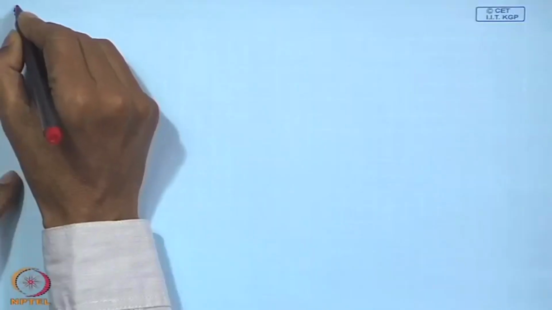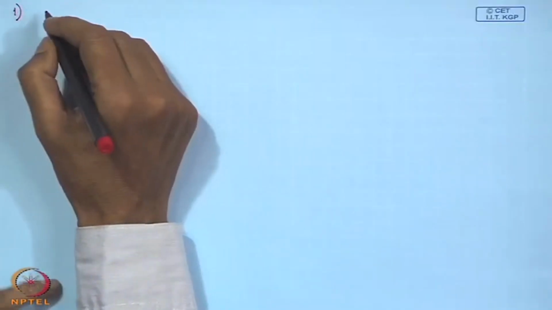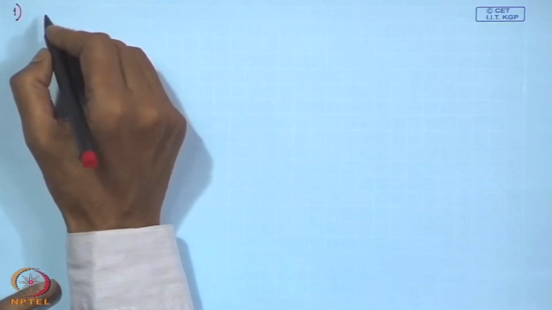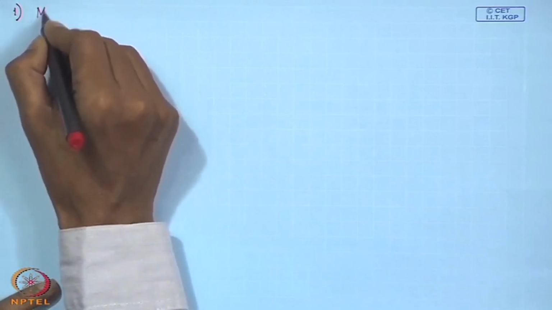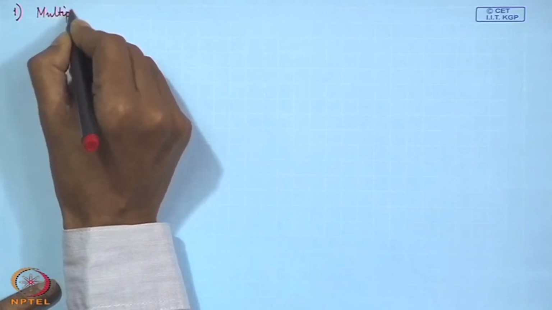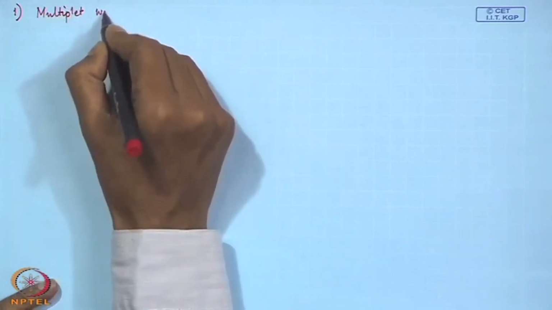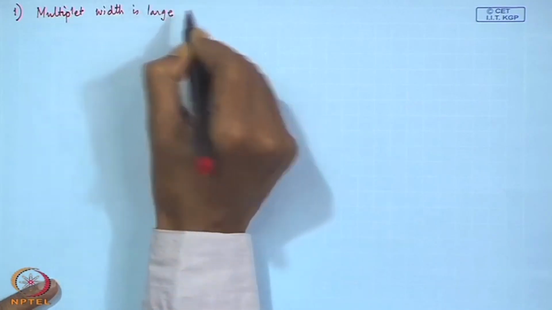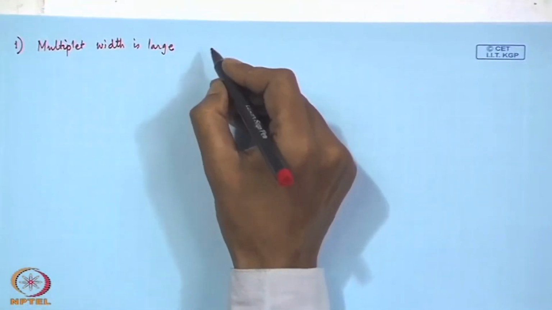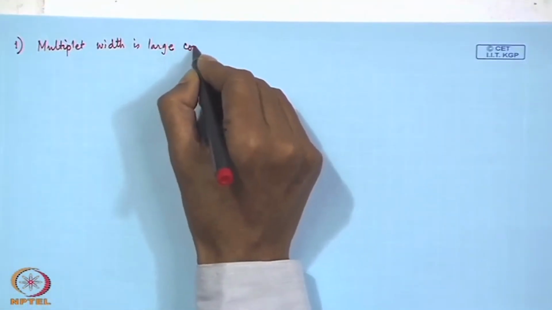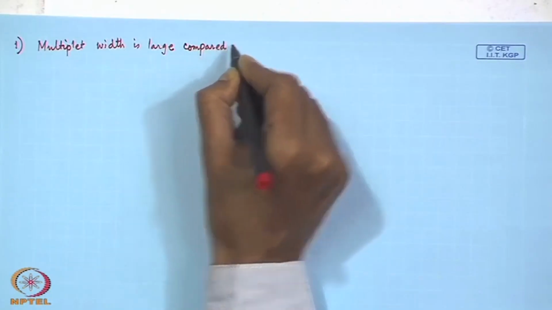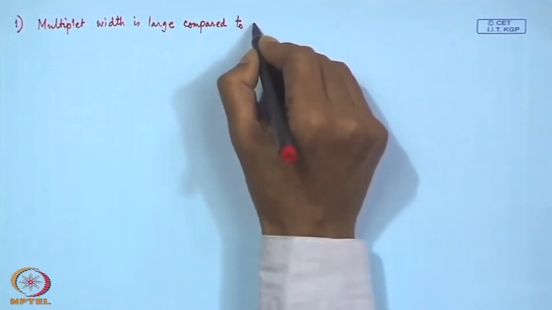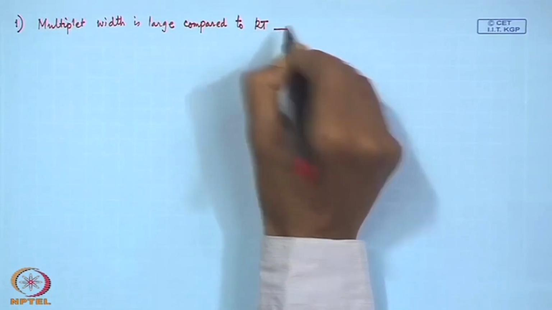There will be three different cases where we can have this variation. The first one is where the multiplet width is large compared to kT.